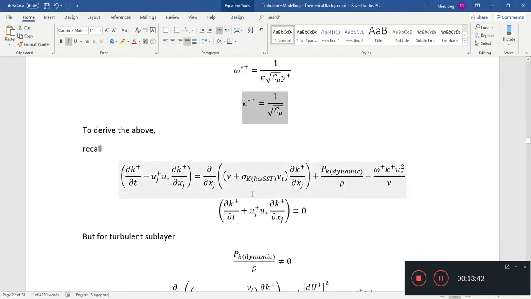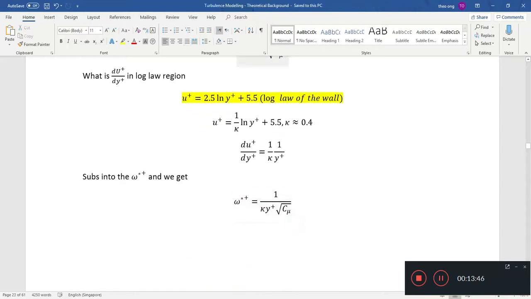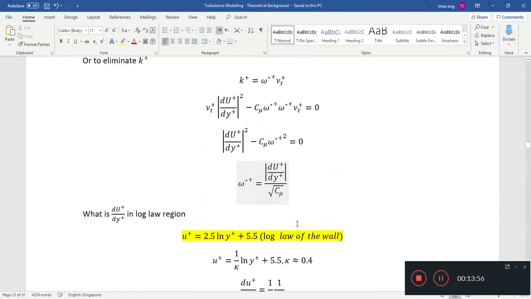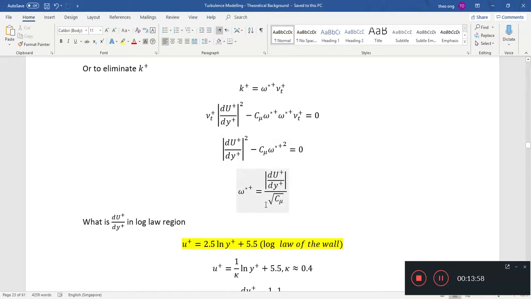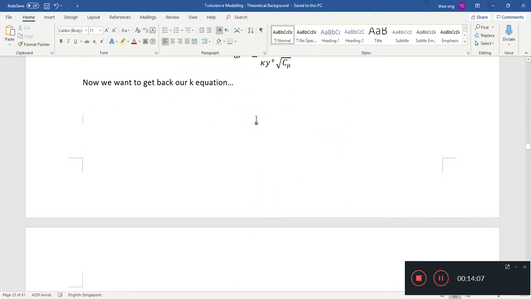And of course, now we want to get back our k equation. So we remember this term.